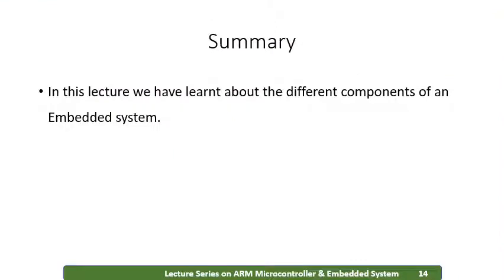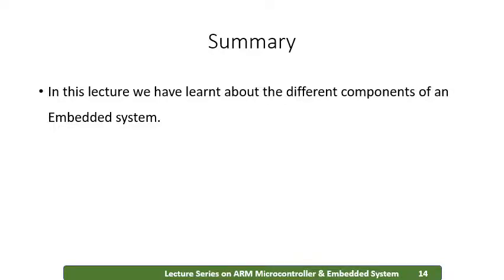Okay, so in this lecture we have studied two different components, the microcontroller and the microprocessor. Along with that, in the block diagram we have seen the requirements: a microprocessor core or microcontroller core, I/O ports, timer control, communication interface, output and input ports, say sensors and actuators.